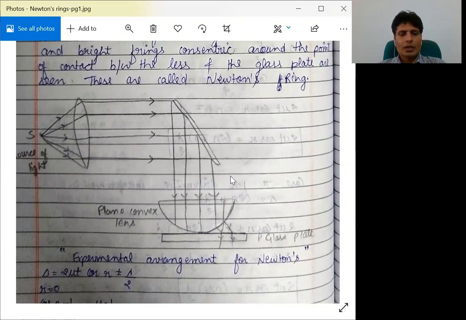So here I have shown the setup for the Newton's rings diagram.